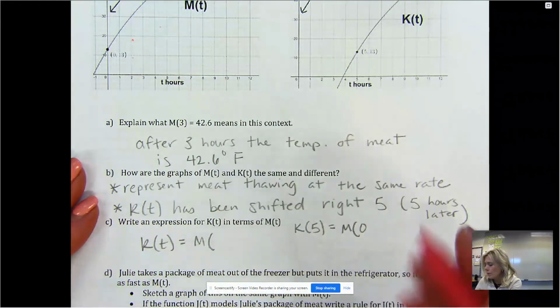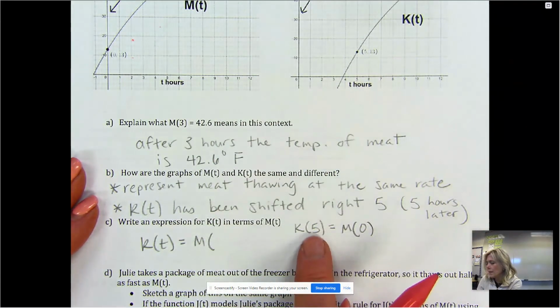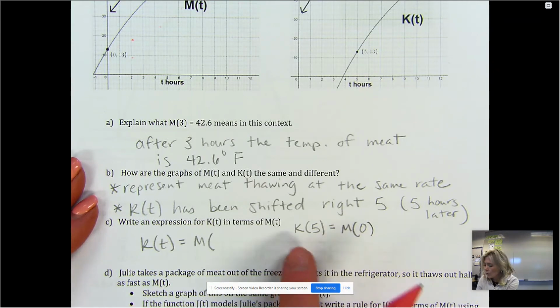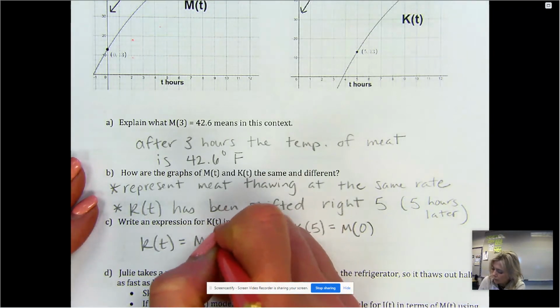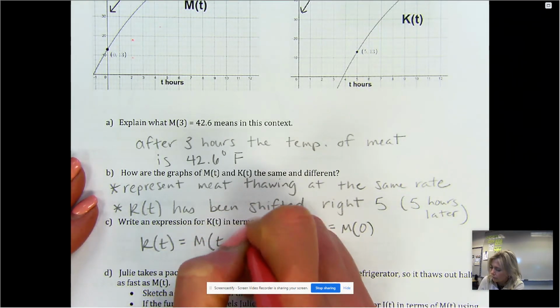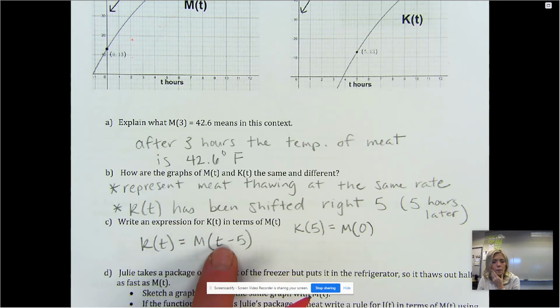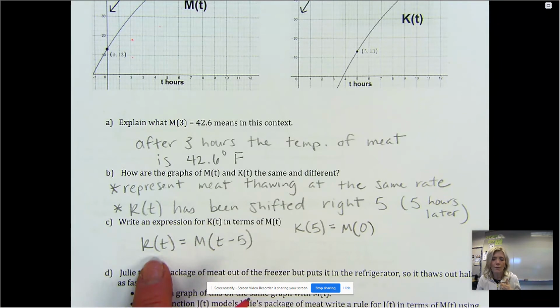So when the input is 5 for K, it's the same as when the input is 0 for M. That relationship is 5 minus 5. So this is going to be T minus 5. So the time over here relates to a time that was 5 hours earlier over here, because this one was taken out 5 hours later.